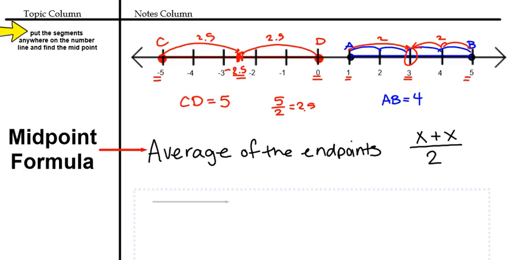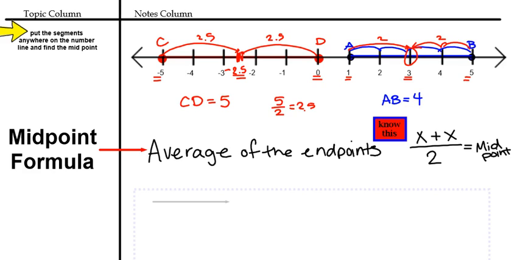And in this case, we only have 2 of them, endpoints, one on the left, one on the right. And that will equal the midpoint. That right there? Know this for the test. You have to be able to find the midpoint between 2 values.